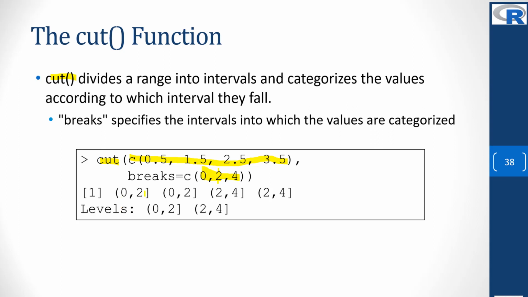This is showing you the categorization, the groups that R is putting these values in. These parentheses and brackets have special meanings. We see that we have the 2 intervals here of 0 and 2, and then 2 and 4, provided by these 3 break values.